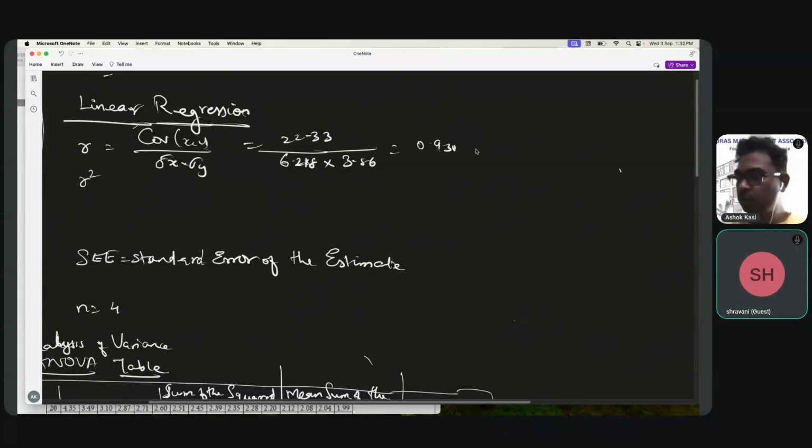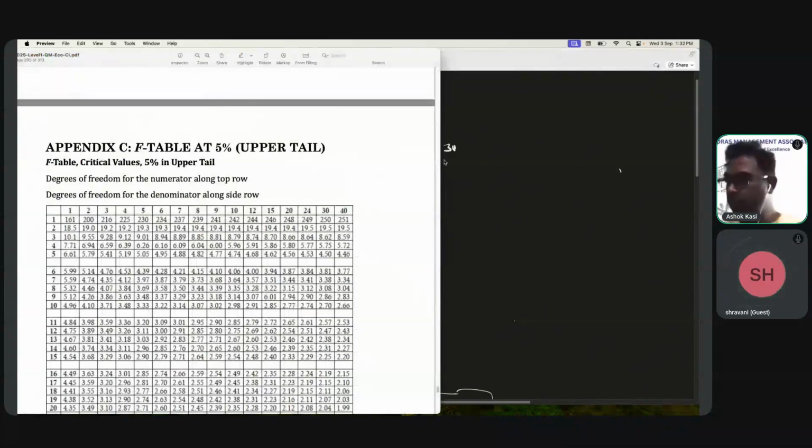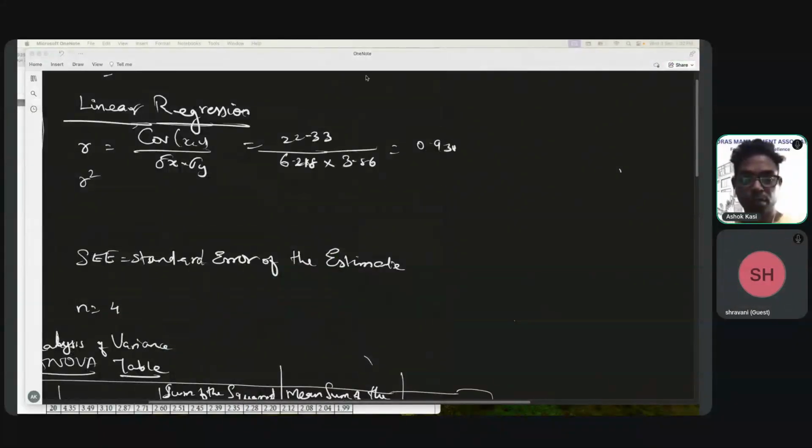Okay, now we'll see in the calculator also. Where is the calculator? I think I missed it. I closed it by mistake, it seems.